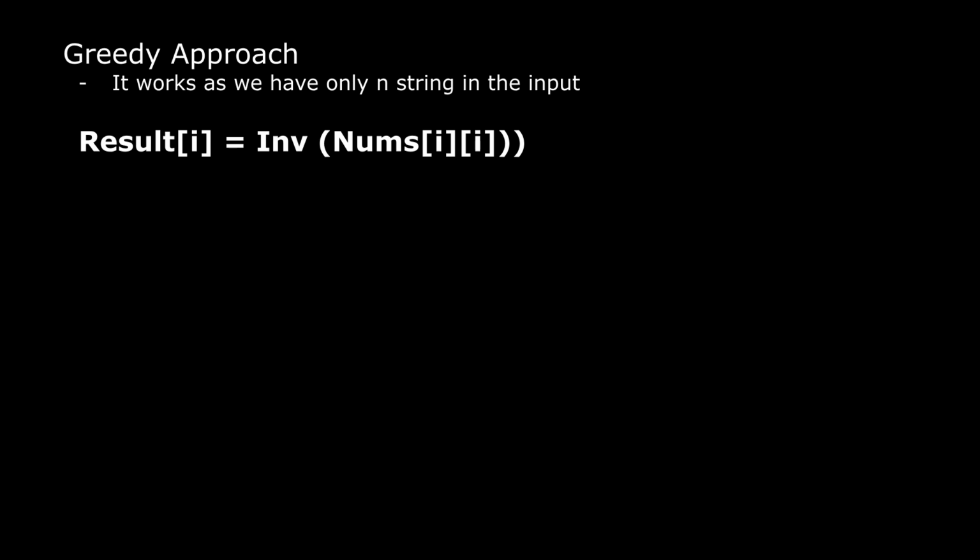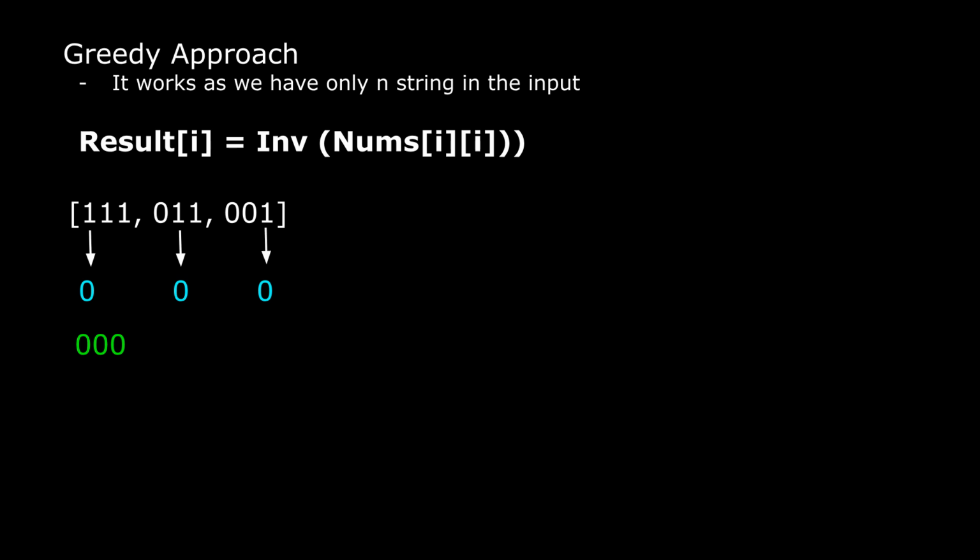In the greedy approach, for each index i, we pick the string at index i in the nums array, and from that string we pick the ith bit, invert that bit, and use it in the output string. Let's understand the approach through an example.